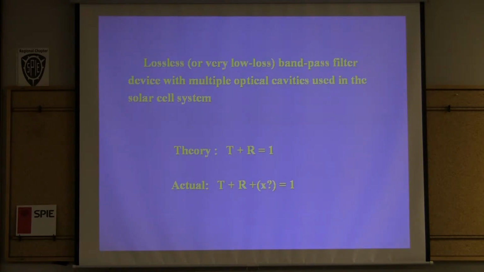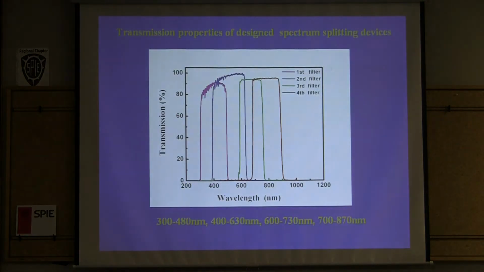They cut the telecommunication range into 10, 20, 40, 100 ranges, each only 0.8 nanometer, isolating each wavelength very well, but they are very high quality filters. But in solar cell energy, we do not get such high quality. So there is still some loss. You can see it's not 100%, it's lower, about 10% loss.